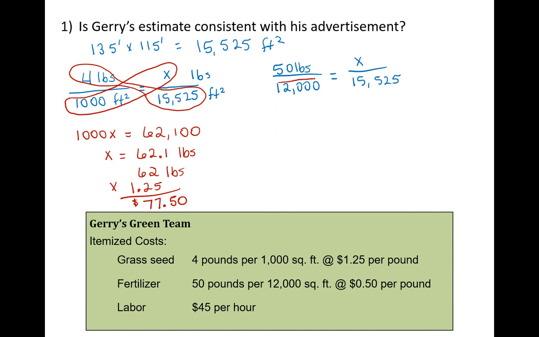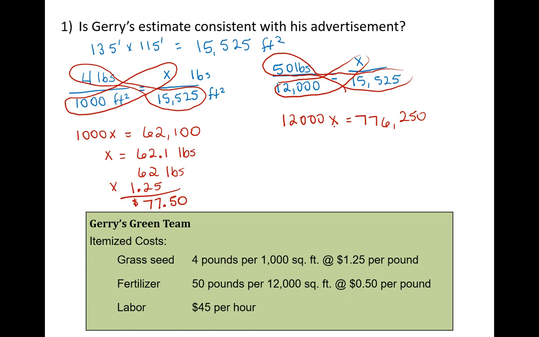If I multiply 12,000 times x, I have 12,000x. And then if I multiply 50 times this 15,525, I get 776,250.